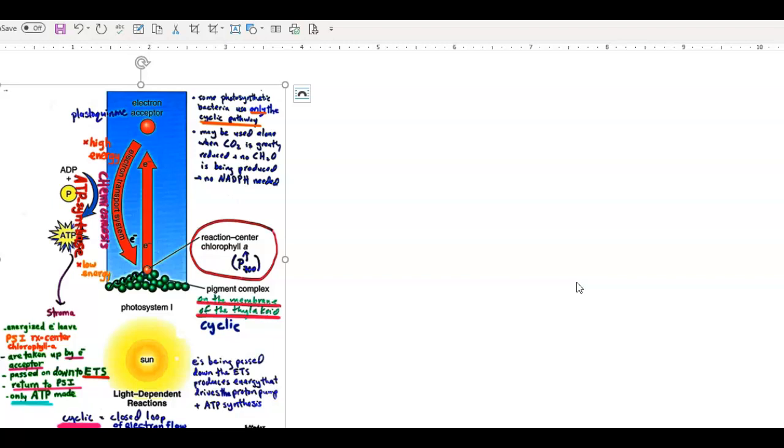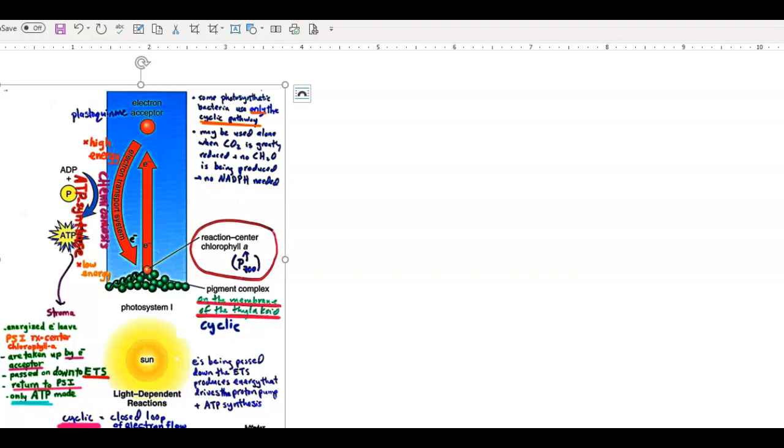So it returns to reaction center chlorophyll A P700 to get re-energized and go back up to the electron acceptor, and get taken to the electron transport system right here. Remember, that is where chemiosmosis takes place. Remember what the electrons are used for? Pumping hydrogens. The energy released by the electrons is used to pump hydrogens inside the thylakoid space.